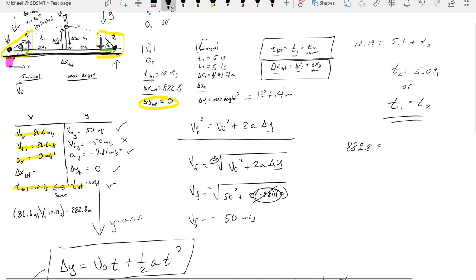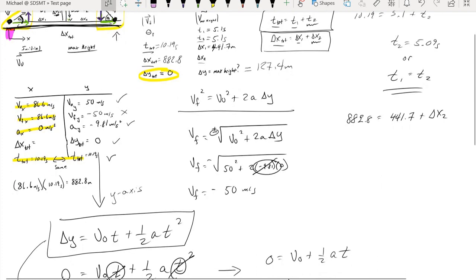882.8 meters has to equal delta x1 plus delta x2. And just like with the time values, given a little bit of a rounding error, delta x1 is equal to delta x2 in terms of their values.